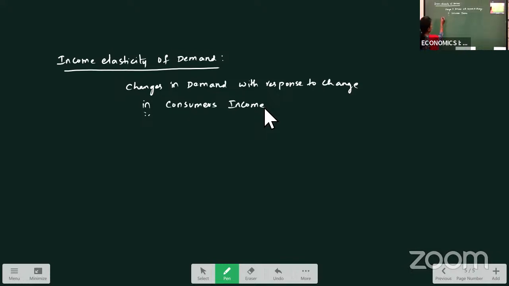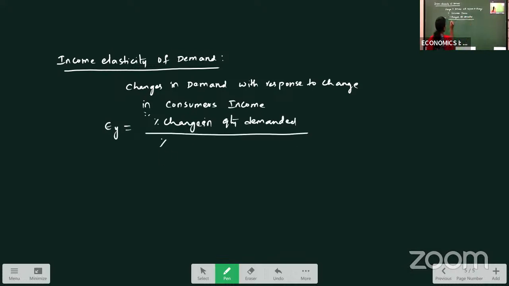So, how will we write the elasticity formula over here? Percentage change in quantity demanded by percentage change in income of the consumer. Okay, this is one formula.